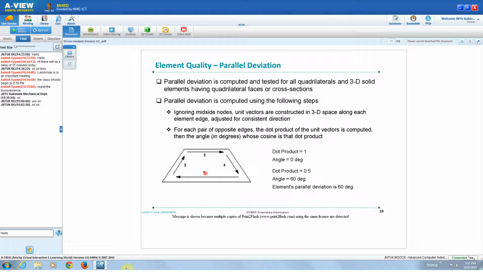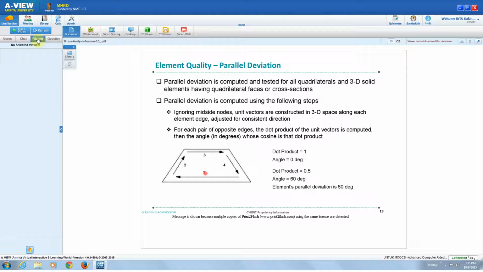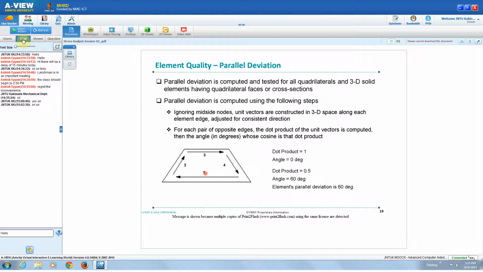How do we do the dot product? Suppose I have two vectors here, A and B, with angle theta. The dot product of A and B is the magnitude of A times the magnitude of B times cos theta. Whatever we get, we then need to calculate the inverse cosine of this value.